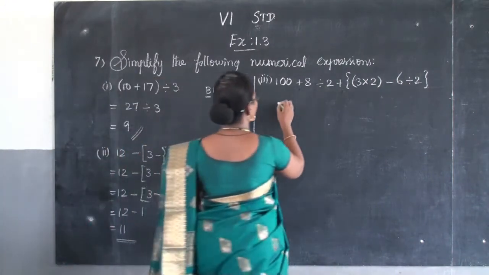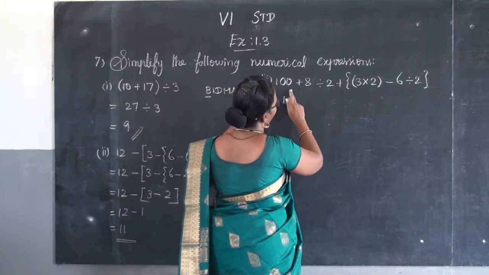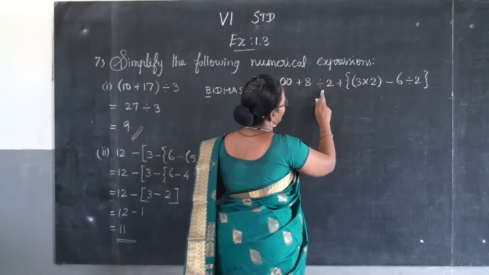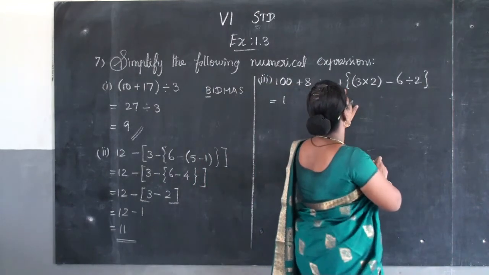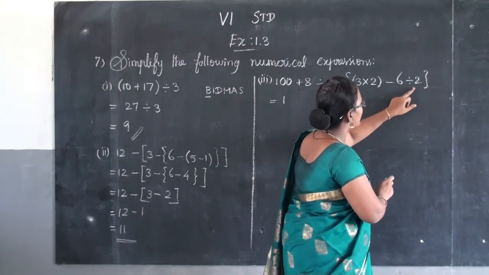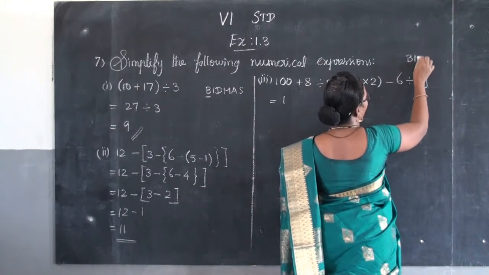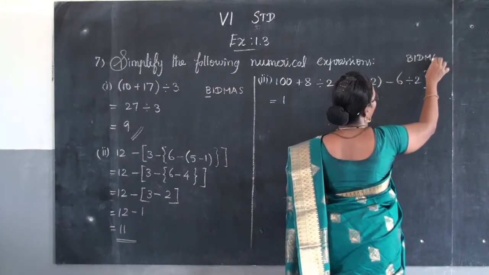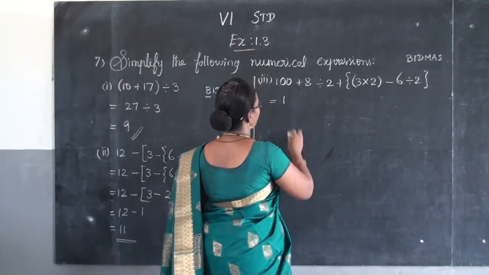And the third one, 100 plus 8 divided by 2 plus, inside the bracket, 3 into 2 minus 6 divided by 2. Here also we have to remember BODMAS.